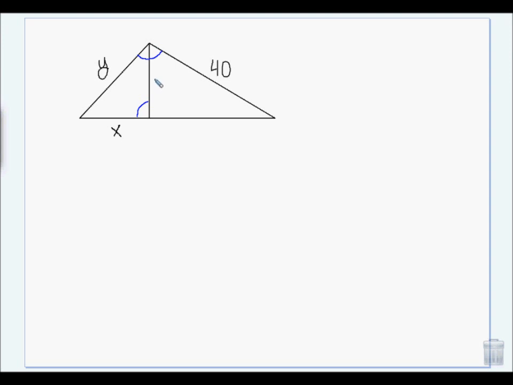This one will be 10. And this whole length here will be 80. Okay.